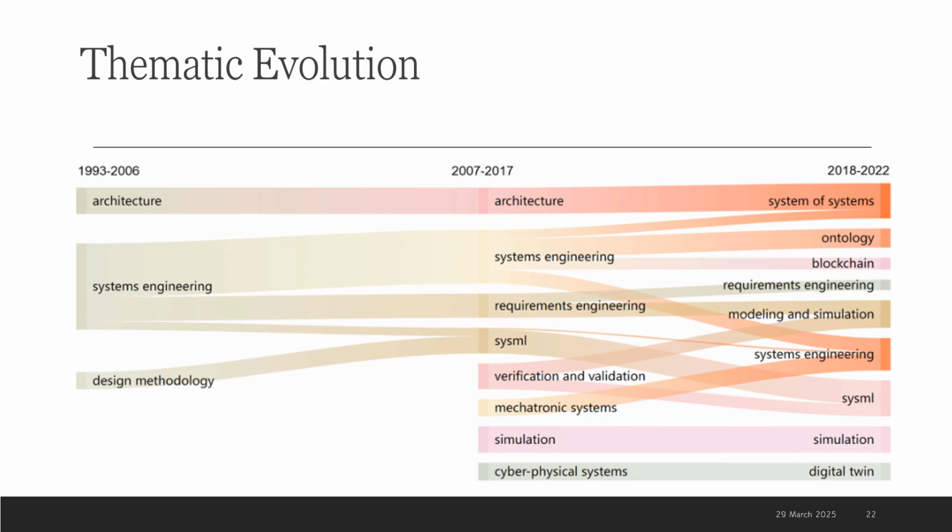Some themes, such as systems engineering and requirements engineering, remain relevant across the three periods, while others, like architecture, evolve into newer topics such as system of systems and ontology. Additionally, emerging themes like blockchain and digital twin in 2018 to 2022 reflect the growing influence of modern technologies in the research landscape.